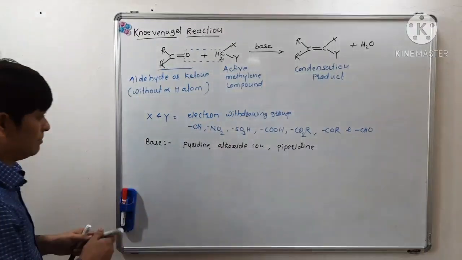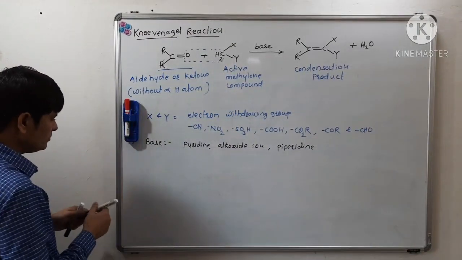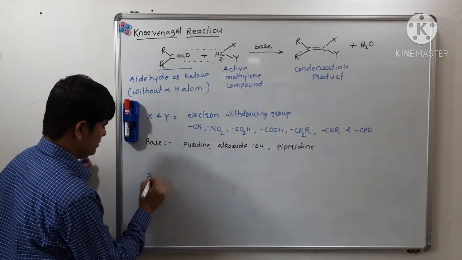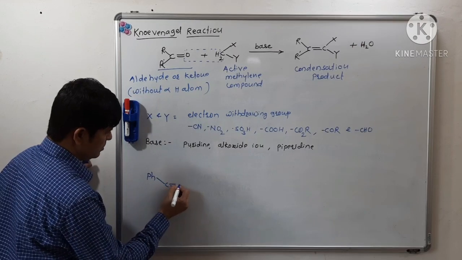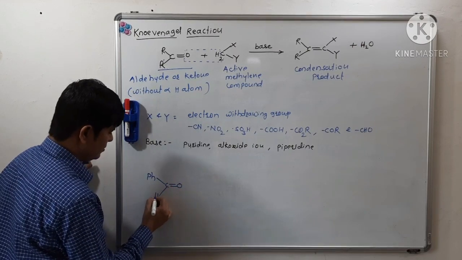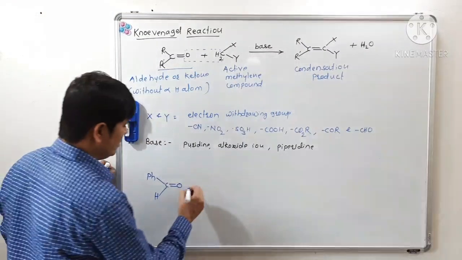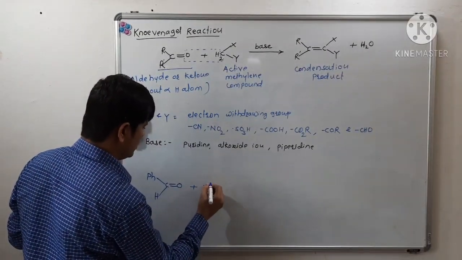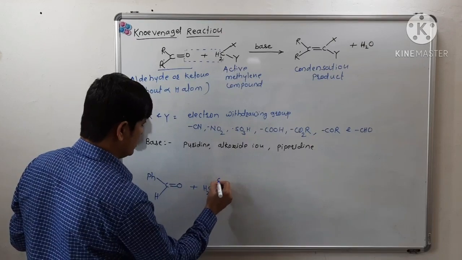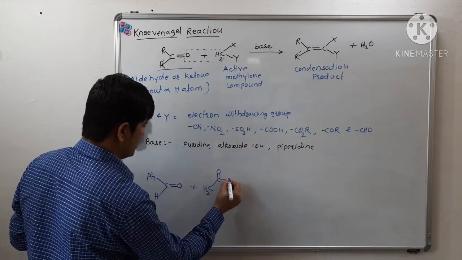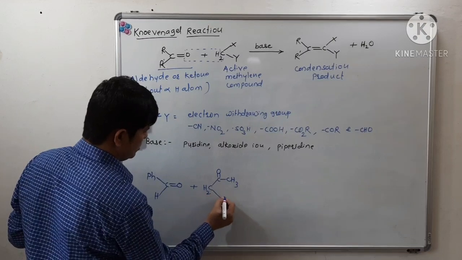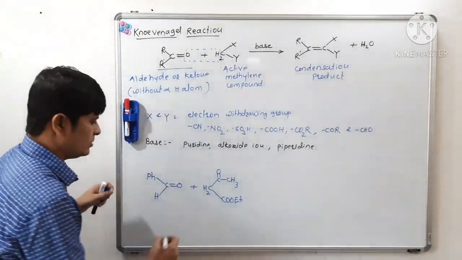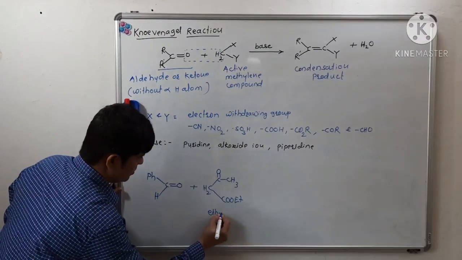Now let us see one example. Benzaldehyde. We will react benzaldehyde with ethyl acetoacetate.